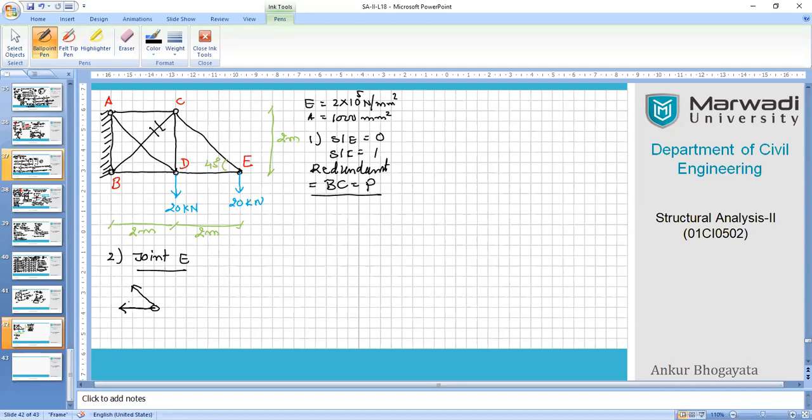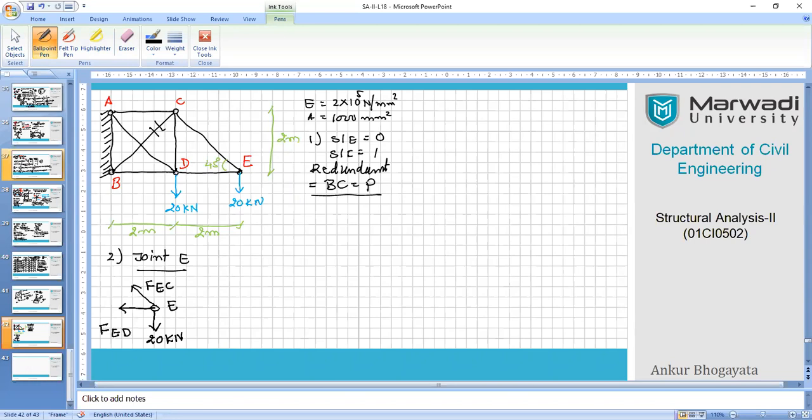Right now it is outstanding, so that is tension, and there is a force of 20 kilonewton here. This is joint E, so this is FEC, and here it is FED.